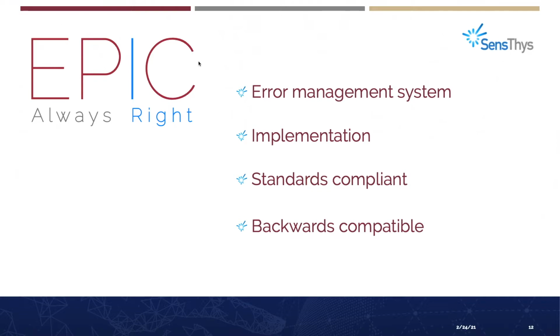It's also backwards compatible, and those two kind of go together. And we'll show these things reading just fine in an environment of legacy equipment and tags and EPC tags.